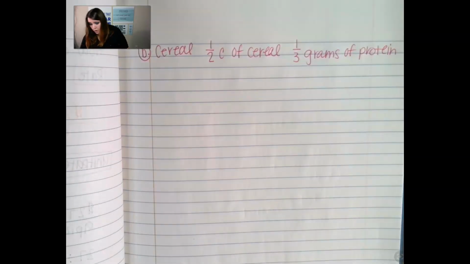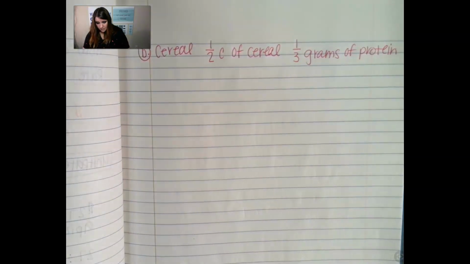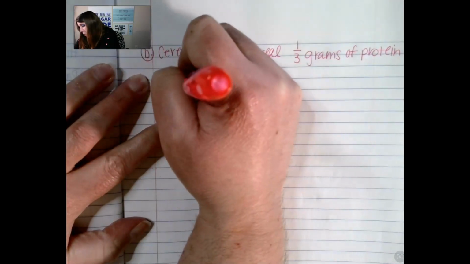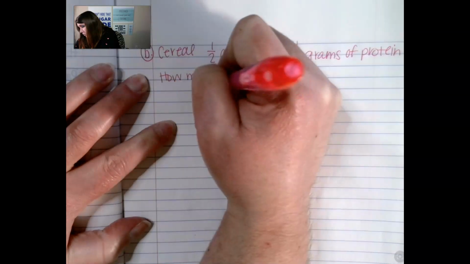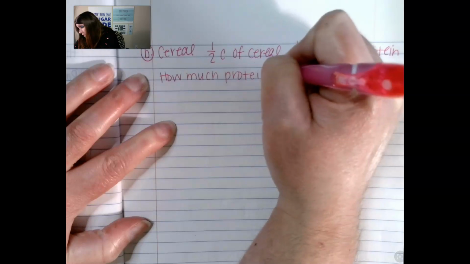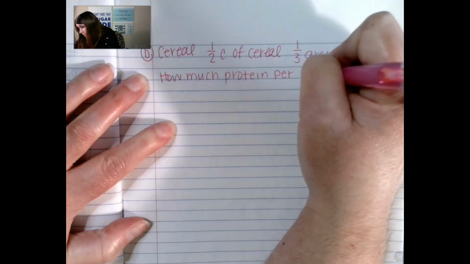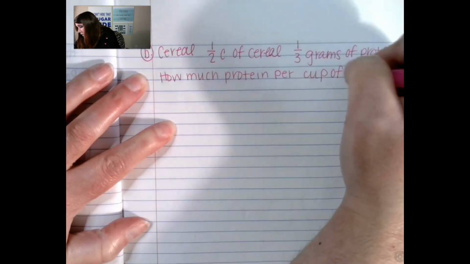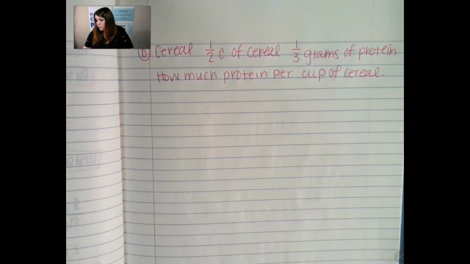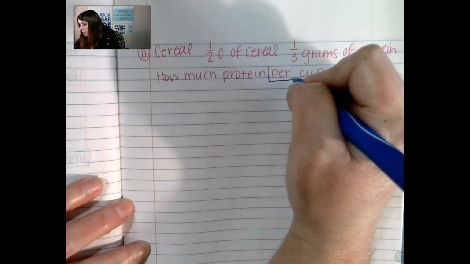And I want to know how much protein is there for every cup. Okay, so my question that I need to answer is, how much protein per cup of cereal? All right, so my clue word here is this word per.